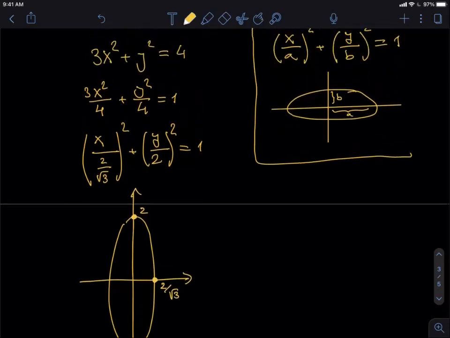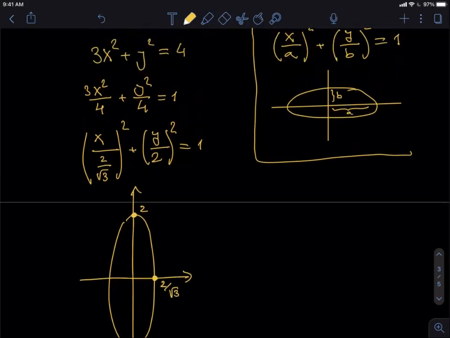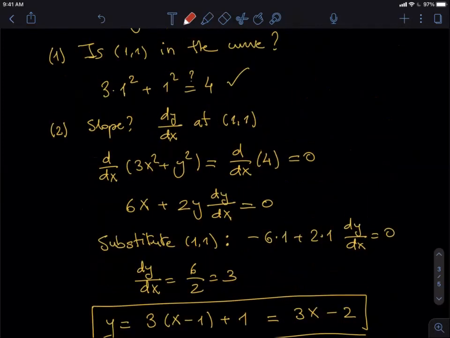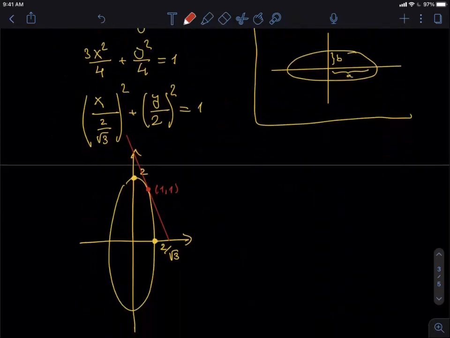And our tangent is going to be somewhere around here. This will be the point (1, 1). Yes, that was correct. And this is what we did.